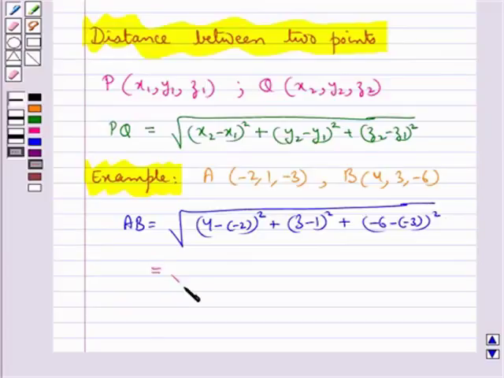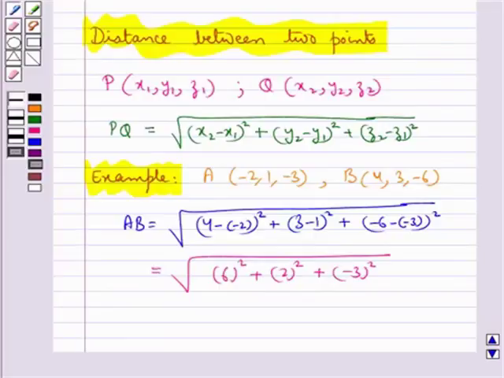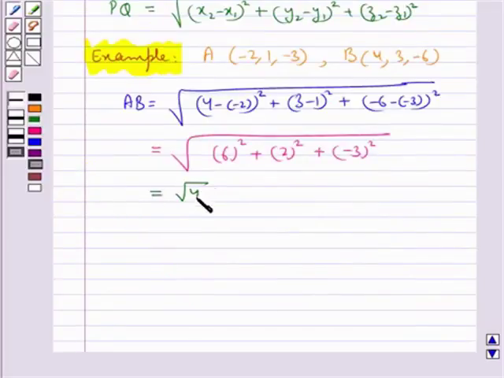That is equal to square root of 6 the whole square plus 2 the whole square plus -3 the whole square. That is equal to square root 49, and so we get AB is equal to 7 units.